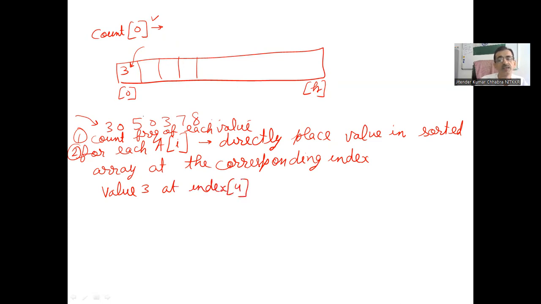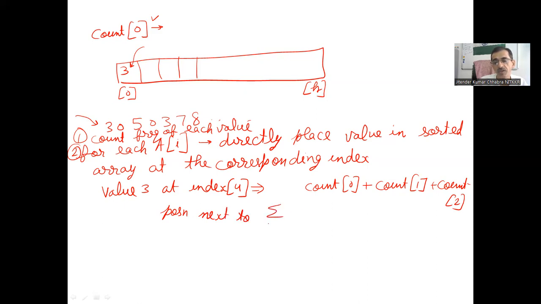How to know that? This 4 actually came from adding up count 0, then count 1, plus count 2. So effectively, for knowing where the value 3 will come, it will come to the position next to the summation of the 0 to 2 counts.